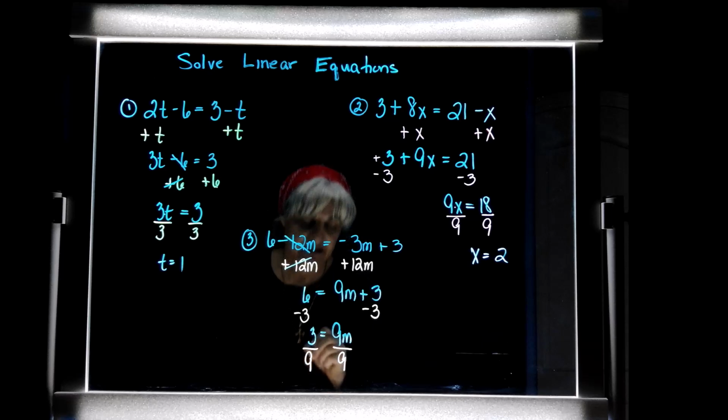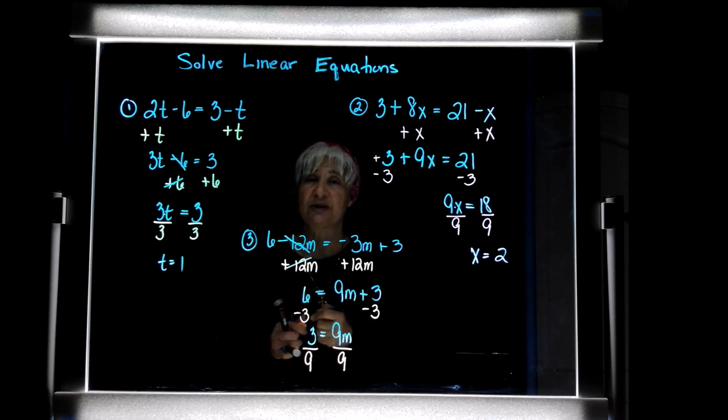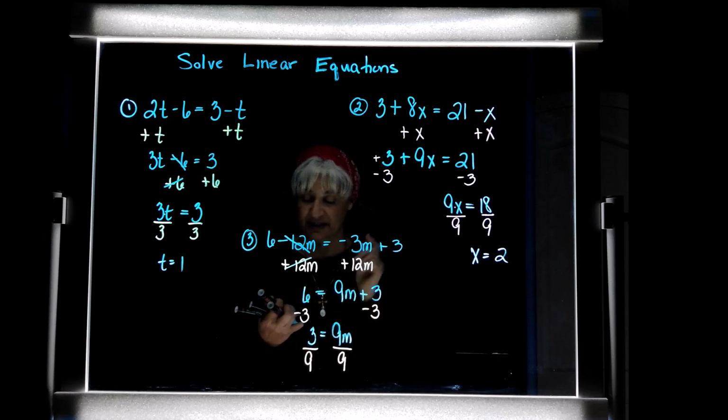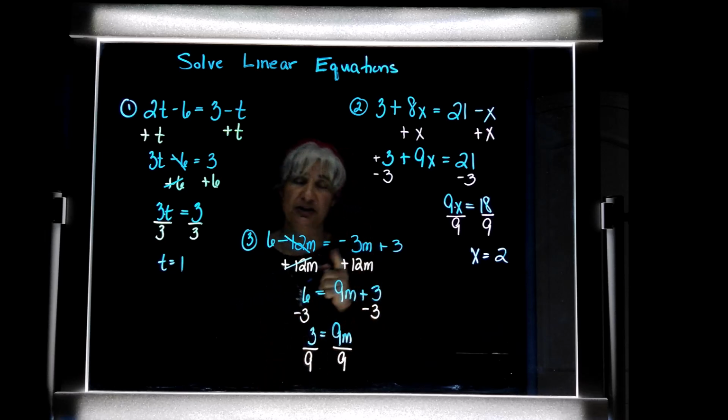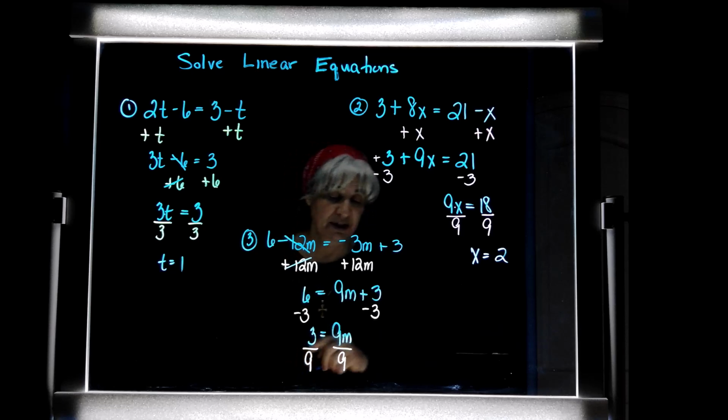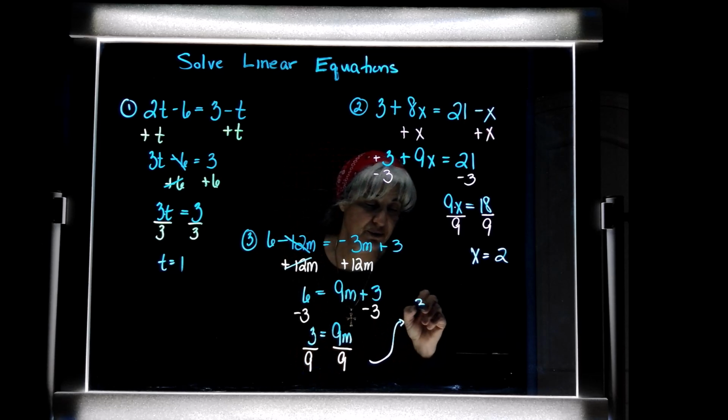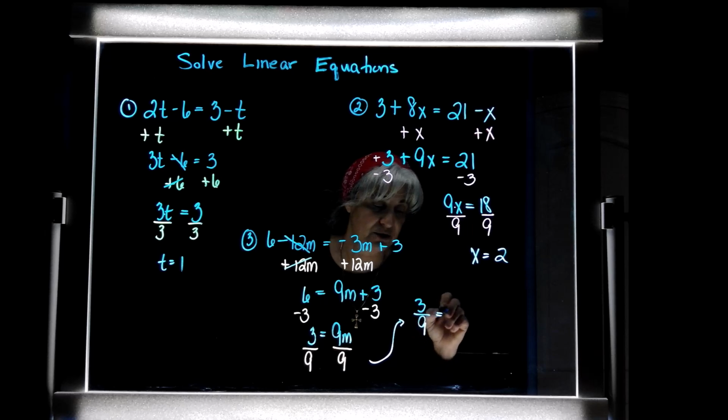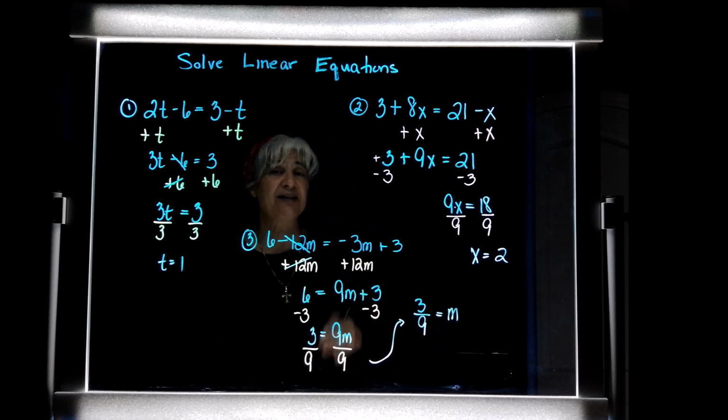Divide by 9. Us visual people, we better do this last step, especially on this problem. We literally need to write divided by 9, because check it out. On the left side, I have 3 over 9 equals m. I have a fraction.